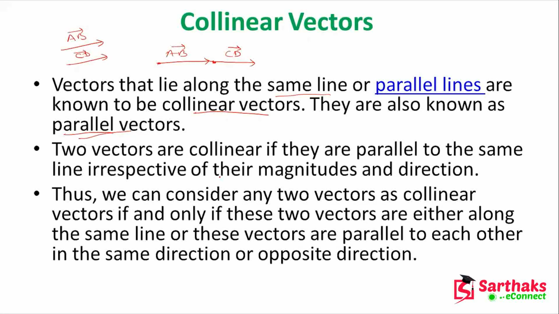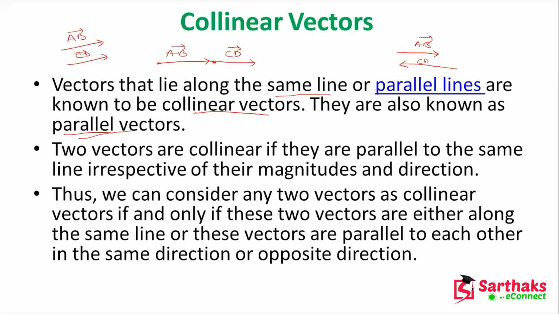Two vectors are collinear if they are parallel to the same line, irrespective of their magnitude and direction, right? Suppose I am drawing here: one vector is this, another vector is this, somewhat longer.